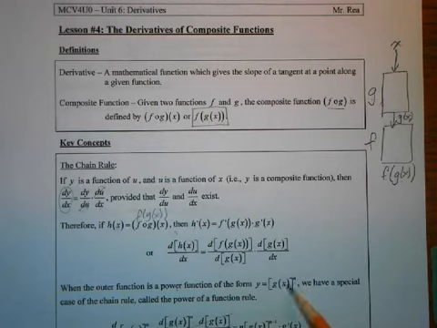If we're taking the derivative of, say, g of x to the power n, what we do is we just pretend this is just an x maybe. So that n, if it was just a power function, the n would come out front and multiply with g of x to the power n minus 1. So that's what really came from the polynomial rule.